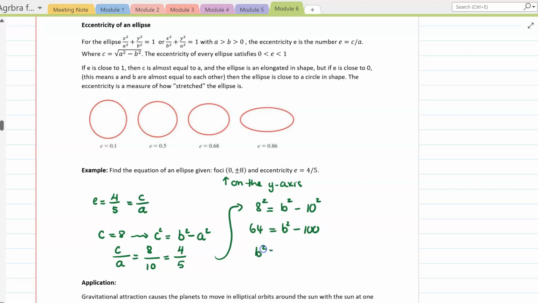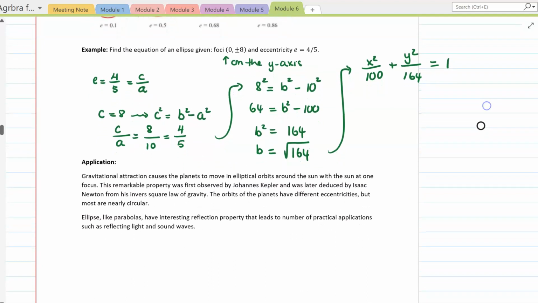So b squared is equal to 164. So b equal to square root of 164. Now I can write the equation of the ellipse as x squared divided by 10 squared, that's 100, plus y squared divided by b squared, 164, and that equal to 1.